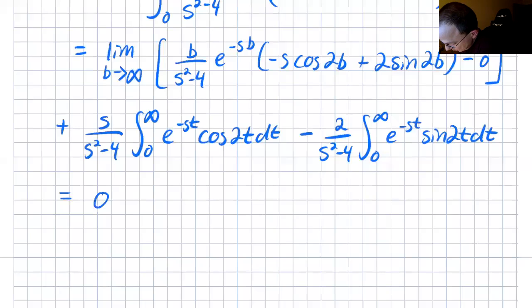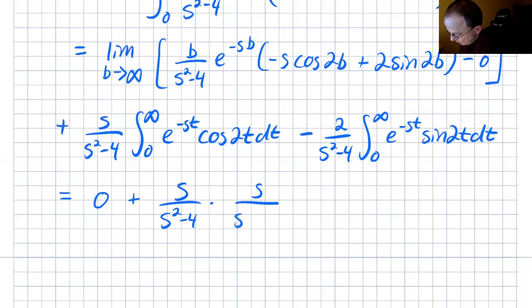So the limit will be 0, and then we'll have s over s squared minus 4 times the Laplace transform of cosine 2t, which is s over s squared plus 4. And then we have minus 2 over s squared minus 4 times the Laplace transform of sine 2t, which is 2 over s squared plus 4.